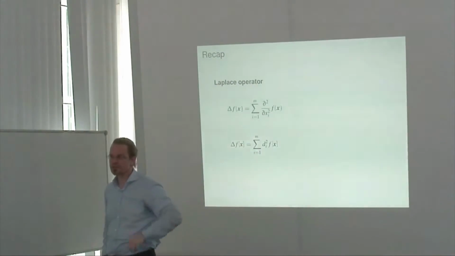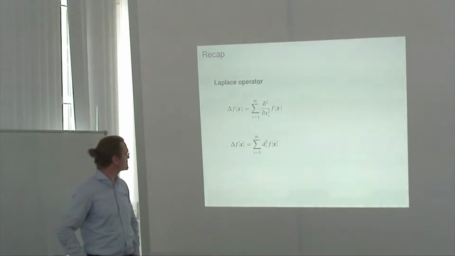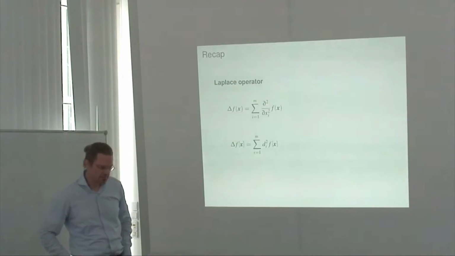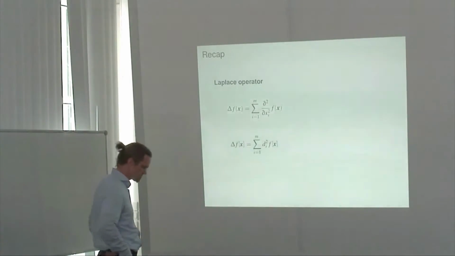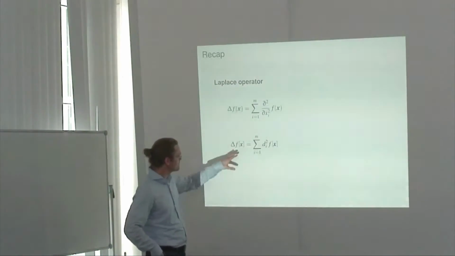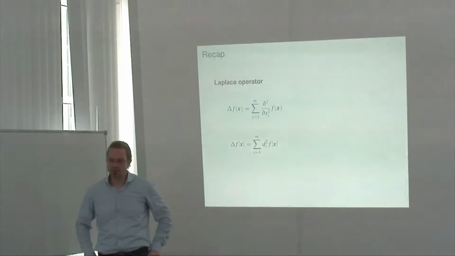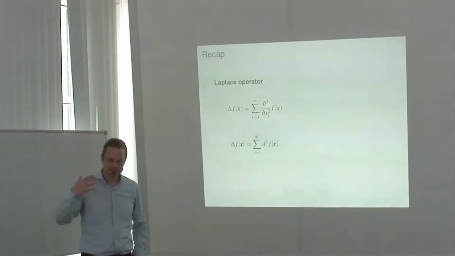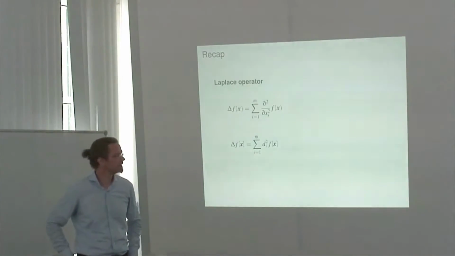And that was for the case of continuous functions f of x. When we are dealing with graphs, we are dealing with discrete structures. And so therefore we also looked into how to define the Laplace operator for the case of discrete functions.